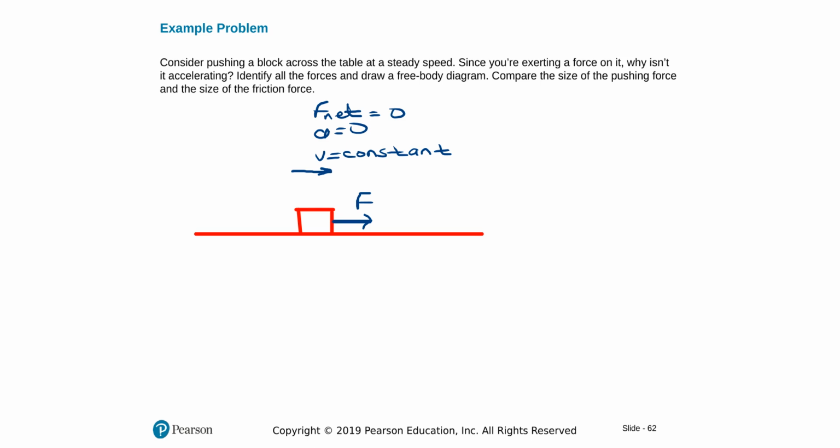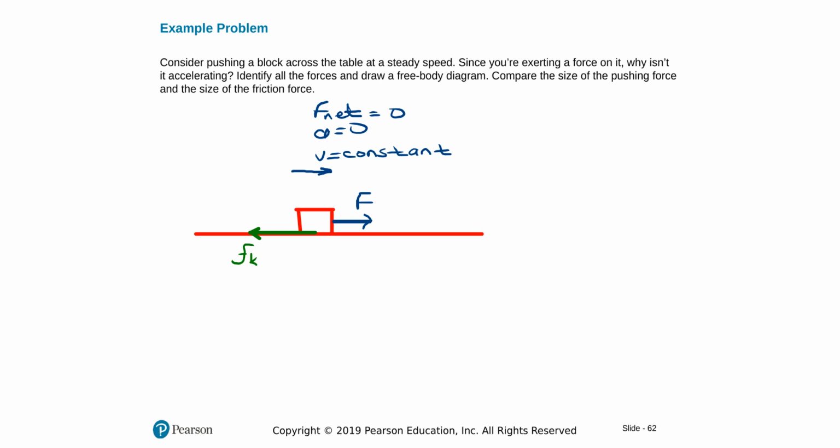If F net is 0, there must be a force against my force to reduce it to 0, and that must be the friction. This would be kinetic friction since my object is moving, so I'm going to call it F kinetic.